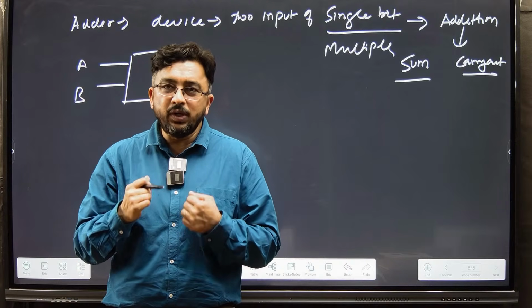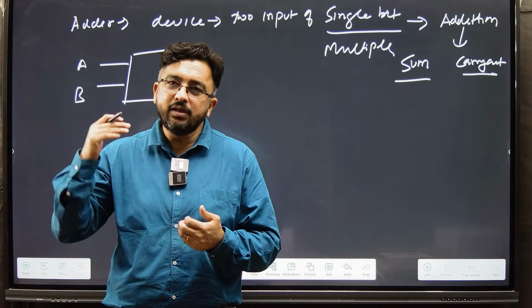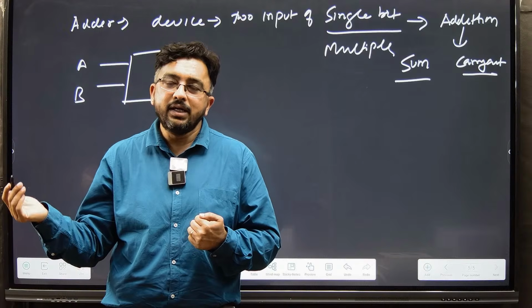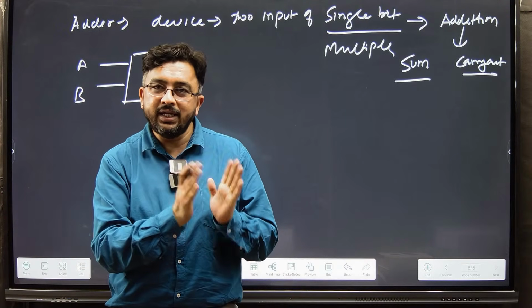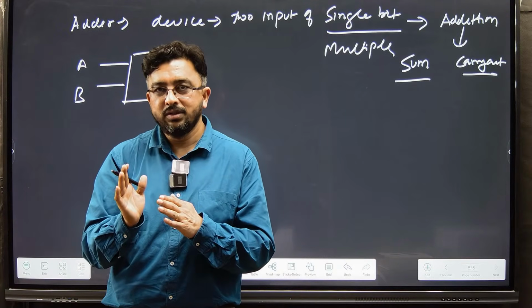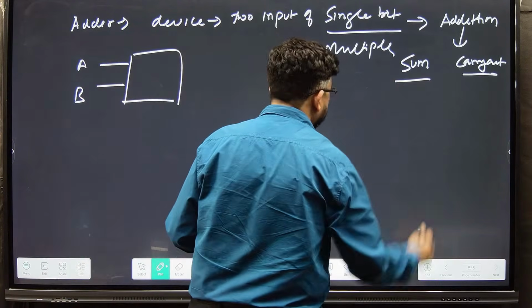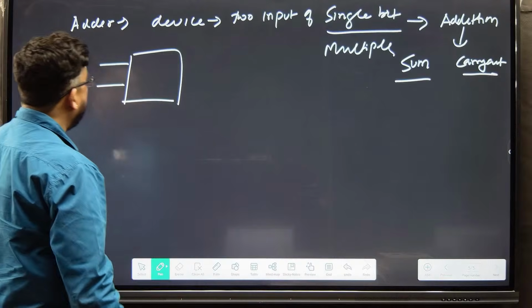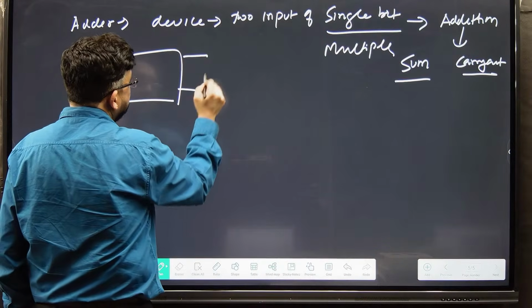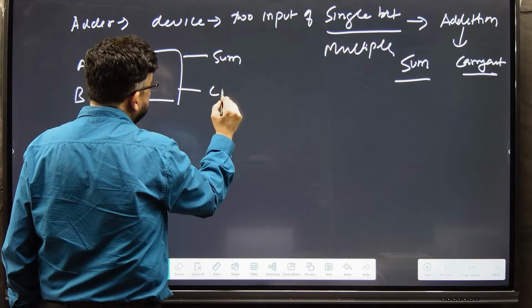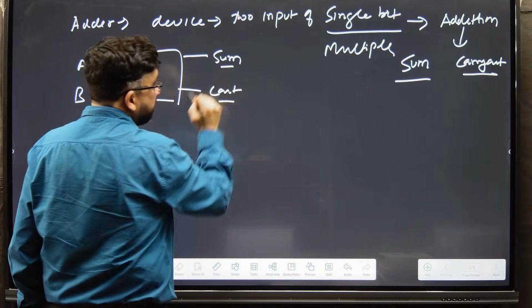Because if you make a mistake here, definitely you are going to make a mistake in design also. So carry in and carry out, you have to differentiate properly. That is why I have written carry out. So A and B, this is my sum and this is my carry out.